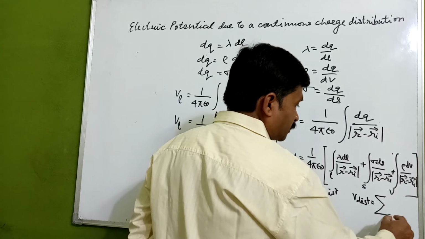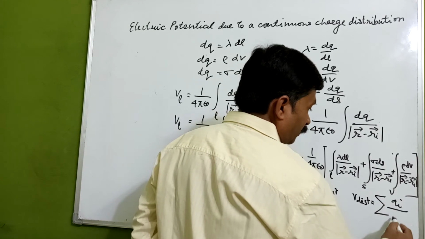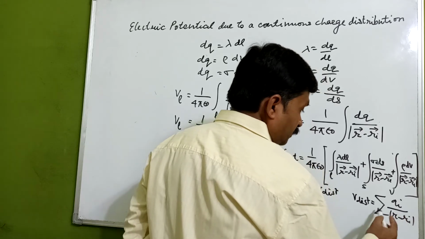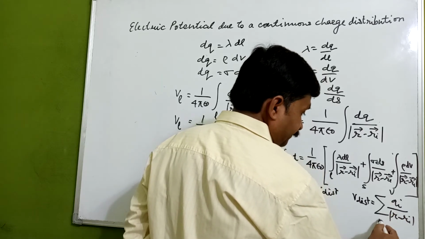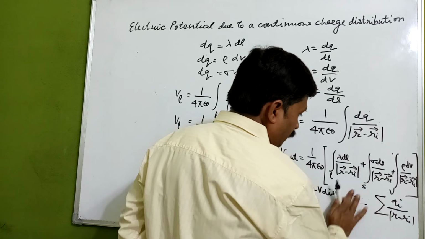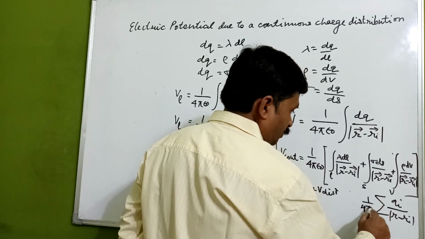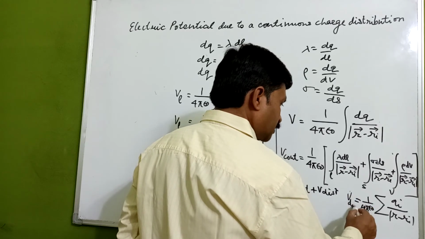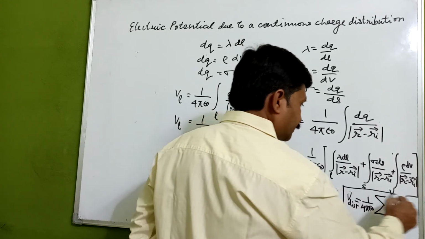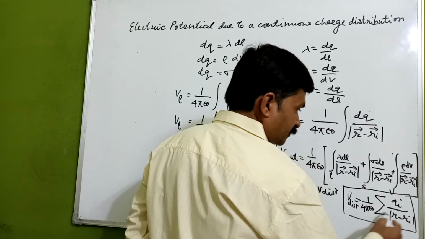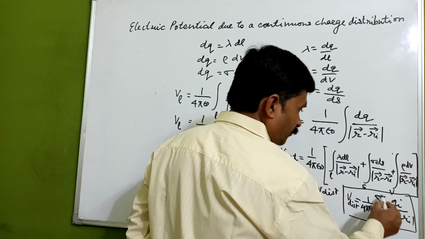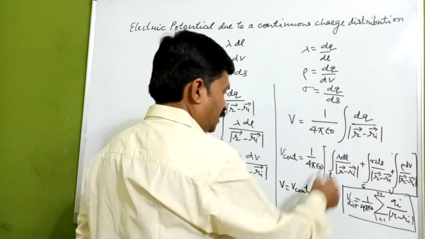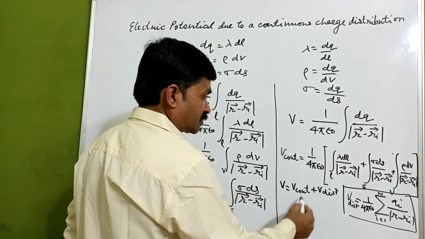We can take the sum of Qi upon ri, and you have to write 1 upon 4 pi epsilon naught also here, which is equal to V discrete. This will be Qi with i equal to 1 up to n. There are n number of charges, so we can add this result.